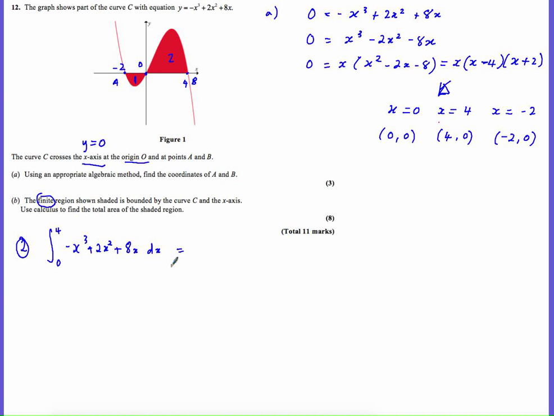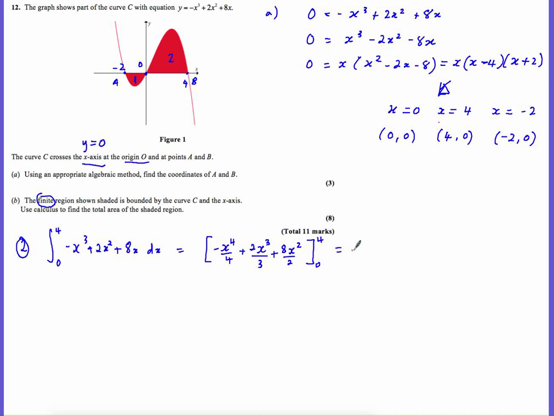Minus x cubed goes to x to the 4, divide by the new power, and it was negative. X squared goes to x cubed, divide by the new power. 8x goes to x squared, divide by the new power. I don't need a constant here because they'll cancel each other off if you put them in.